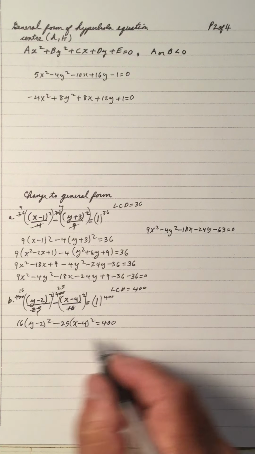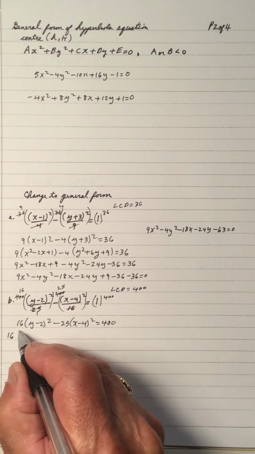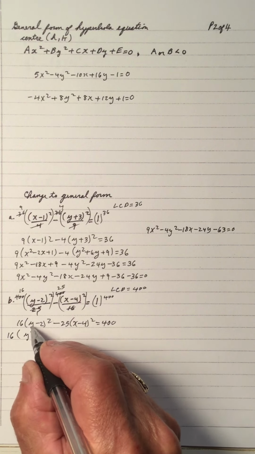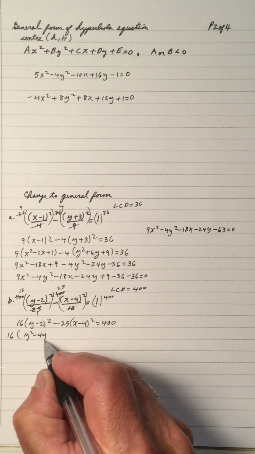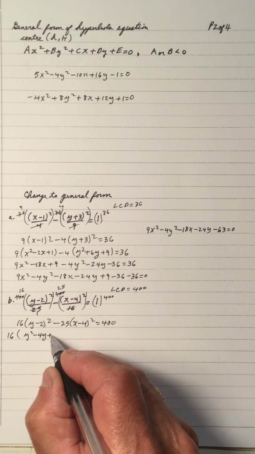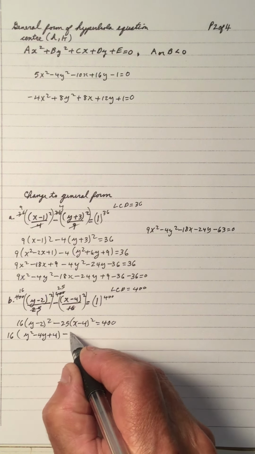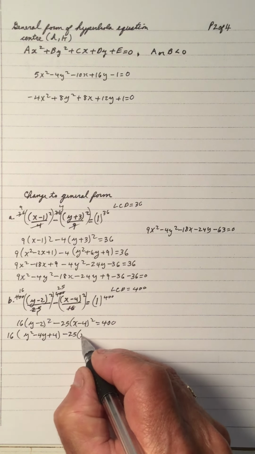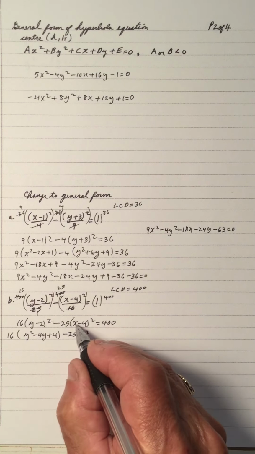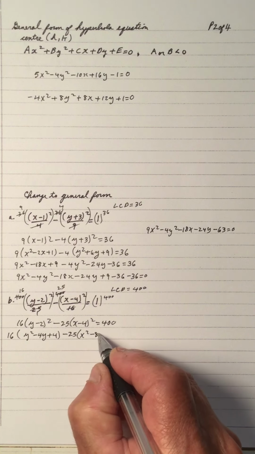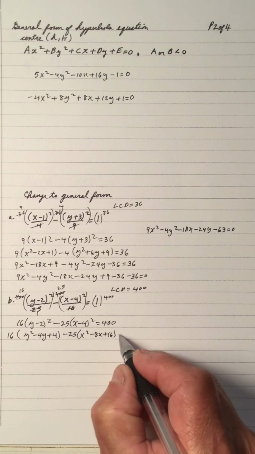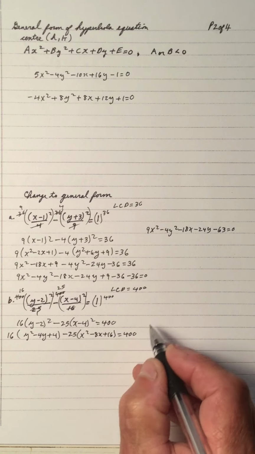Again, PEMDAS with the squares first. We get y squared, the product is negative 2y, doubled is negative 4y, and negative 2 squared is 4. And we'll do the power first for x, x squared, the product is negative 4x, doubled is negative 8x, and negative 4 times negative 4 is 16, equals 400.